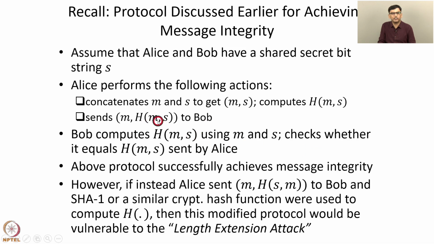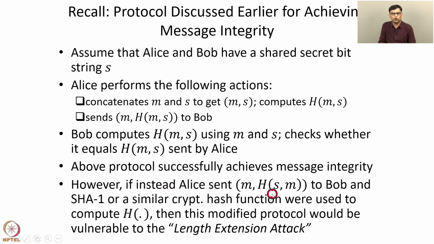Now let's modify this protocol slightly. Instead of sending M, h of M, S, suppose Alice sent M, h of S, M. So the order of M and S is reversed. So we find h of S, M instead of finding h of M, S. And Alice sends this information to Bob. And suppose that the hash function h used here is SHA-1 or a similar cryptographic hash function.